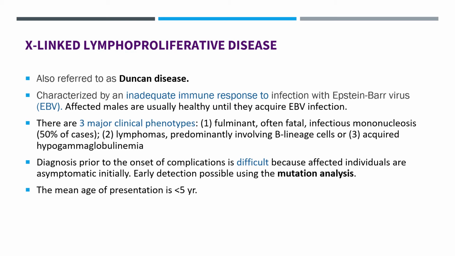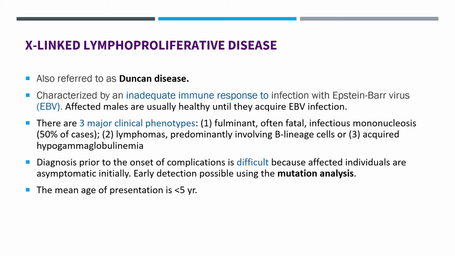There are 3 clinical phenotypes. 50% of patients will have fulminant, often fatal, infectious mononucleosis. A quarter of them will have lymphomas, and a quarter of them will have acquired hypogammaglobulinemia.